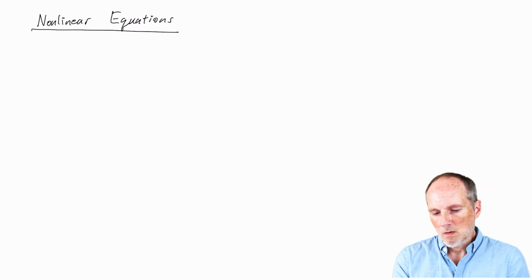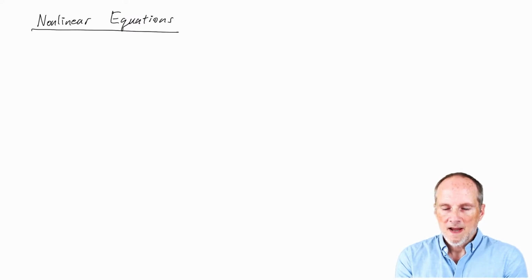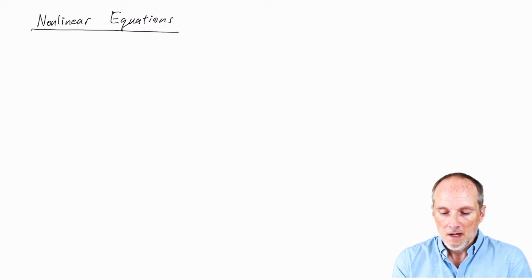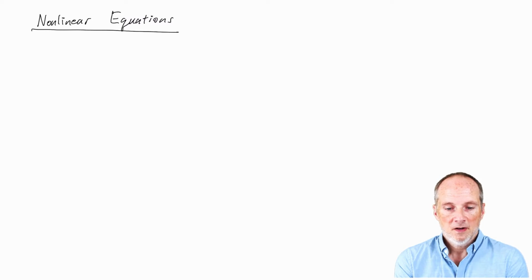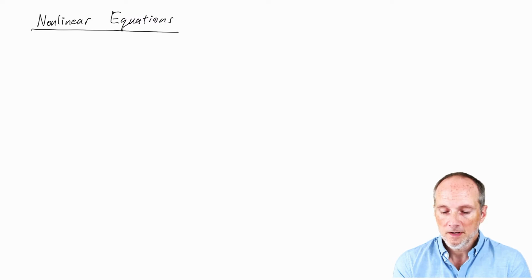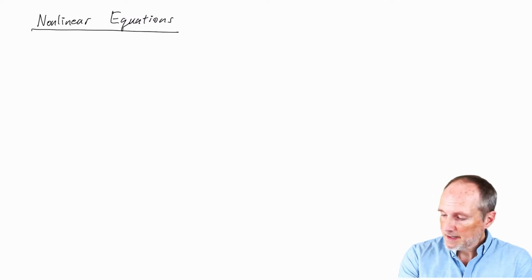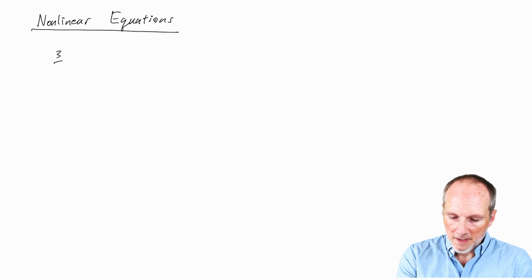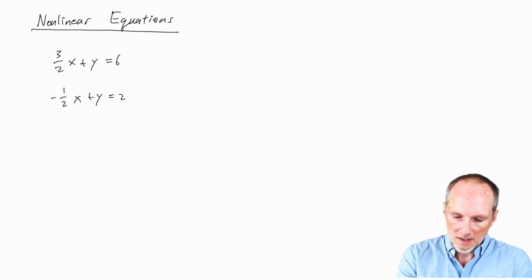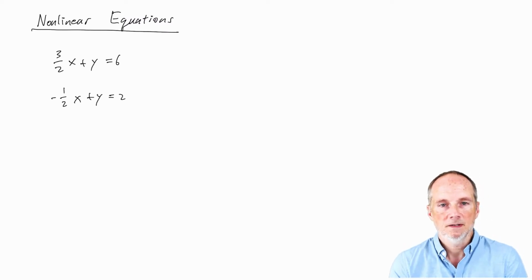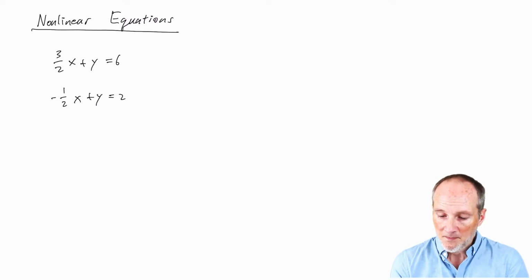Just to recap from the linear case, it was pretty straightforward, and when there weren't very many equations and variables, it was easy to work with. An example would be, let's say, 3/2 x plus y equals 6 and minus 1/2 x plus y equals 2. So there's a system of two equations and two unknowns. Algebraically, we could just solve that straight away.